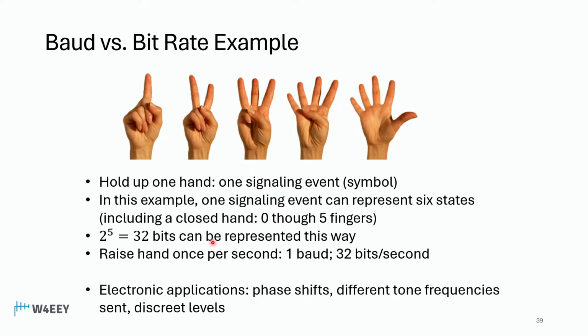We're going to see in the next slide that even though we've just got these 6 states, it would be possible to convey up to 32 pieces of information with just that one hand. Save that for the next slide. So if we raise our hand once per second, that's 1 baud, which can turn out to be 32 bits per second, which we'll see.